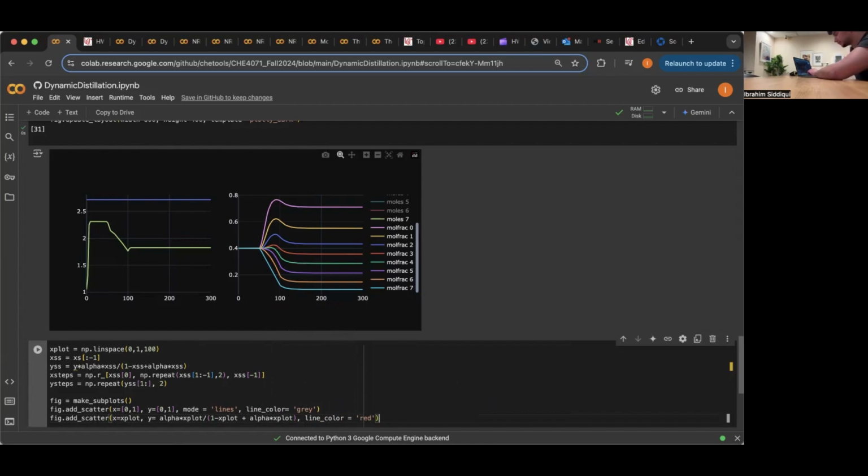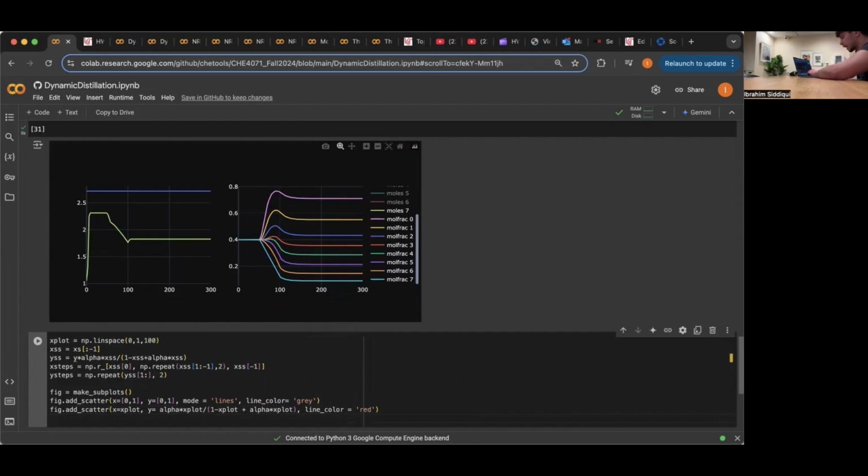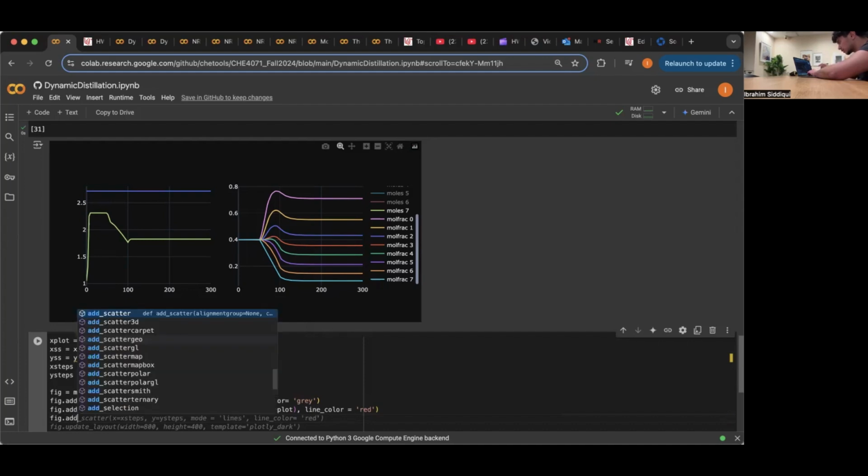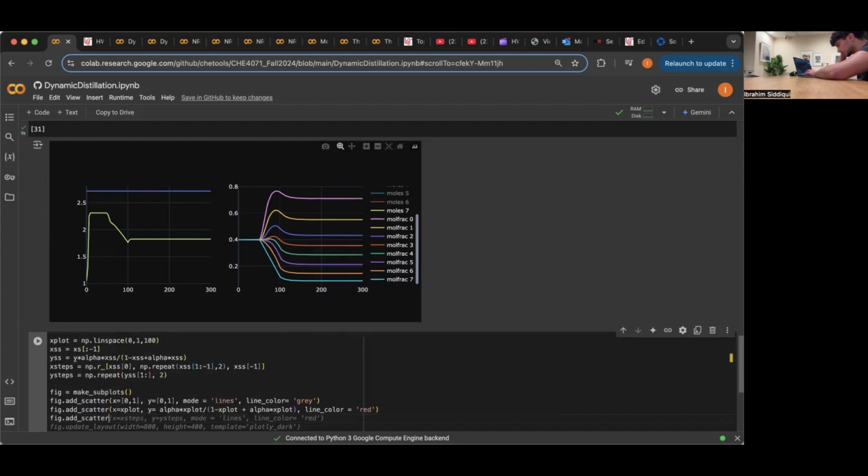Okay. So now that we've had this defined, we can go ahead and do it for our X steps and Y steps. So let's rewrite this. fig.add_scatter. It has mode in here, and we do need a line color for this one, but let's go ahead and do that.